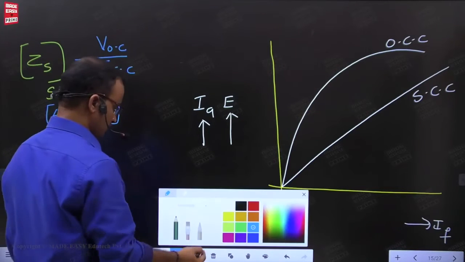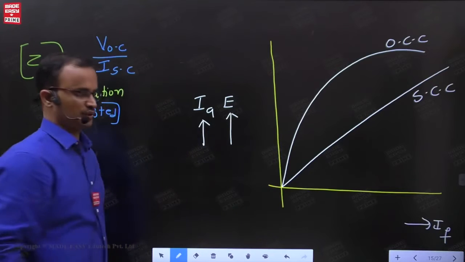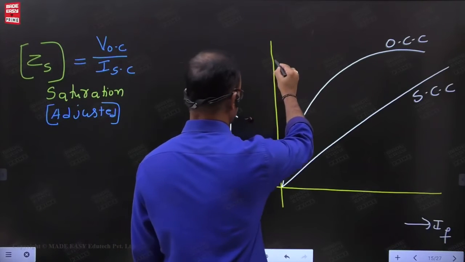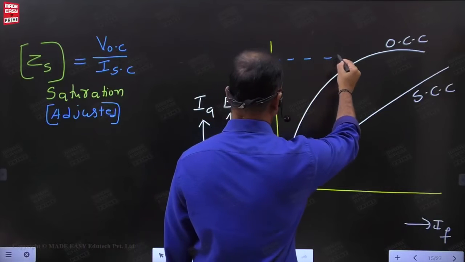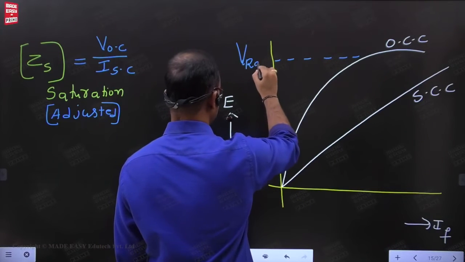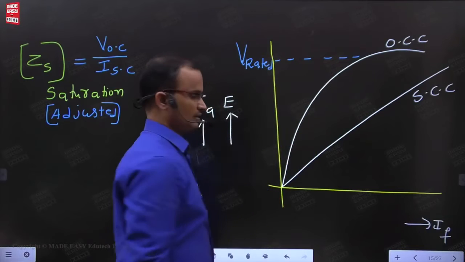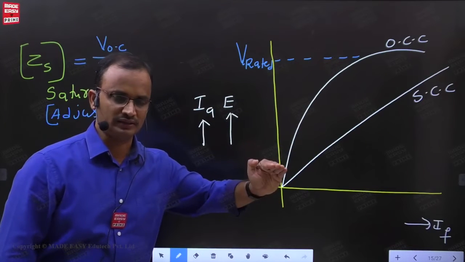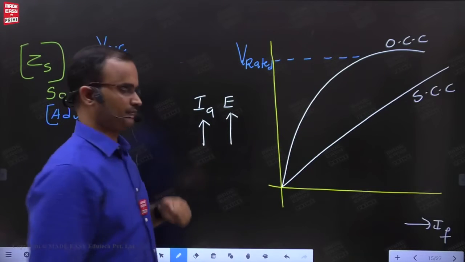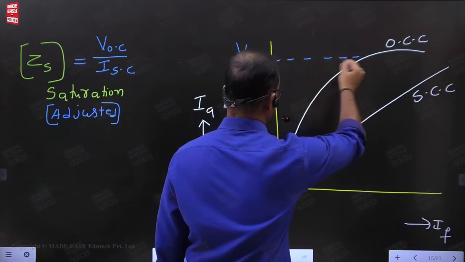But whenever you are calculating this saturated synchronous impedance, first take the reference as the rated voltage. Previously I already concluded that for an alternator, the rated voltage is obtained above the knee point, in the saturation region.